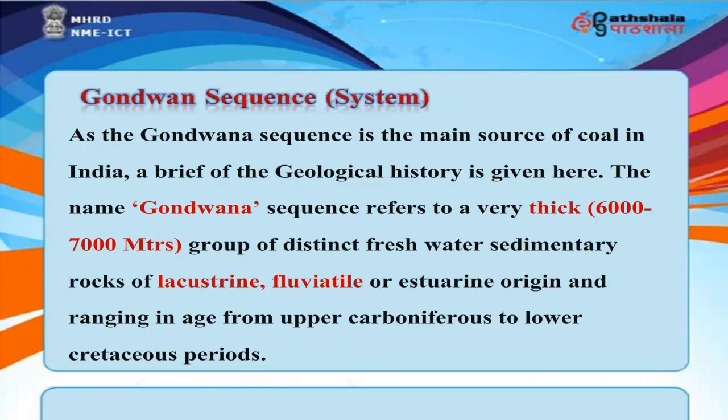Gondwana sequence system. As the Gondwana sequence is the main source of coal in India, a brief geological history is given here. The name Gondwana sequence refers to a very thick group, 6,000 to 7,000 meters, of distinct freshwater sedimentary rocks of lacustrine, fluviatile, or estuarine origin, ranging in age from upper Carboniferous to lower Cretaceous periods.